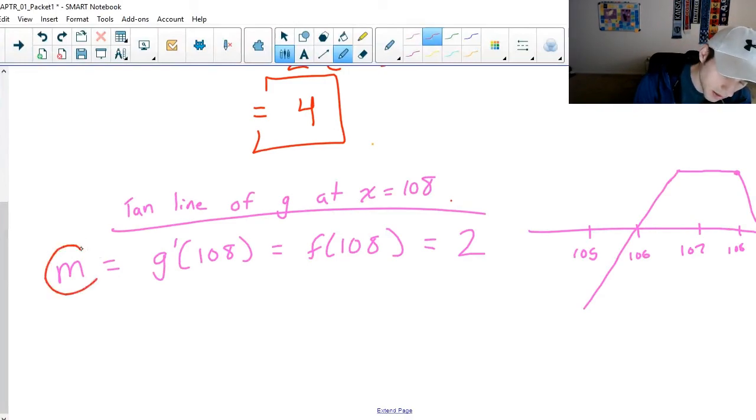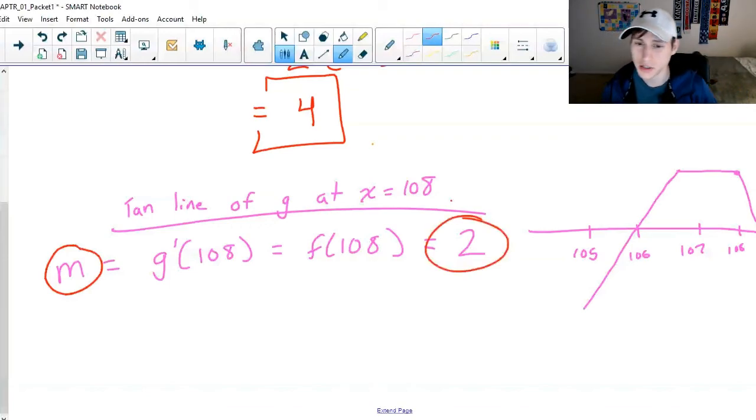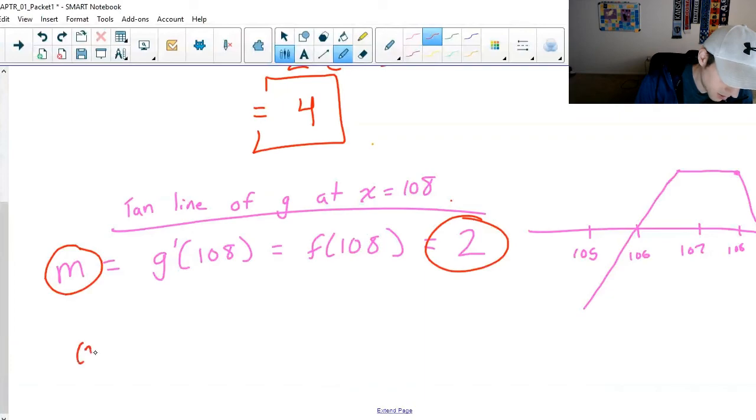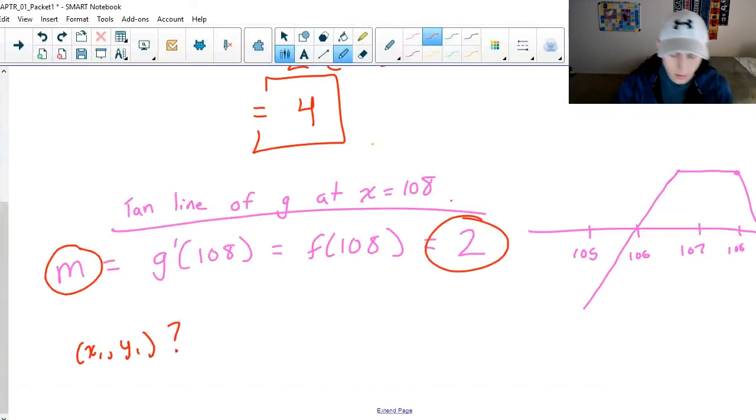Okay, so this is my slope. The slope of the tangent line is 2. Now what I need to know is what is my x1, y1? I'm going to use a different color.